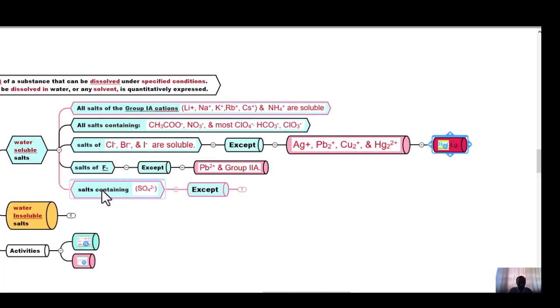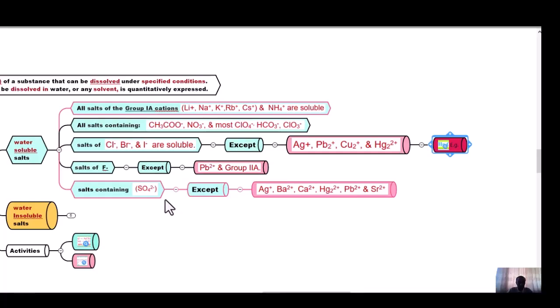Another rule is salts containing sulfate ion. All salts containing sulfate ions are dissolved in water except silver sulfate, barium sulfate, calcium sulfate, mercury sulfate, lead sulfate and strontium sulfate. These sulfates of these ions are insoluble in water.